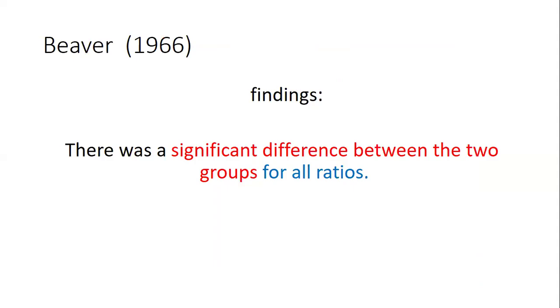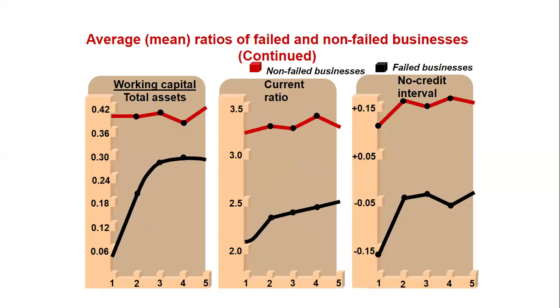And then if you look at it, you see that there is a clear difference between the various groups. For instance, with the current ratio, your ability to meet your short-term debt, those that have not failed were more liquid than those that failed.